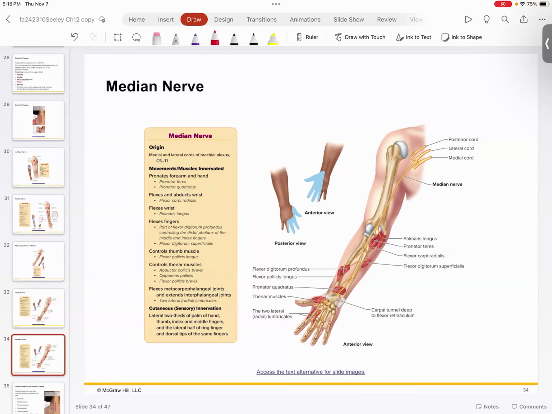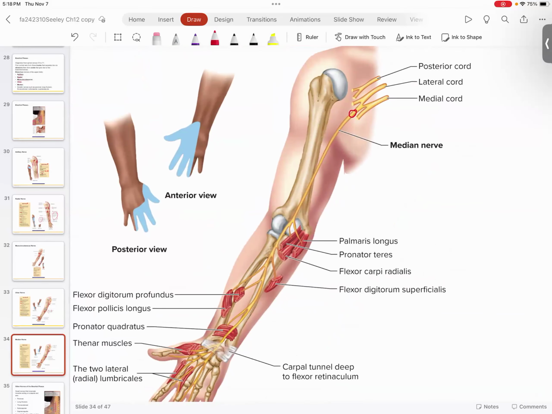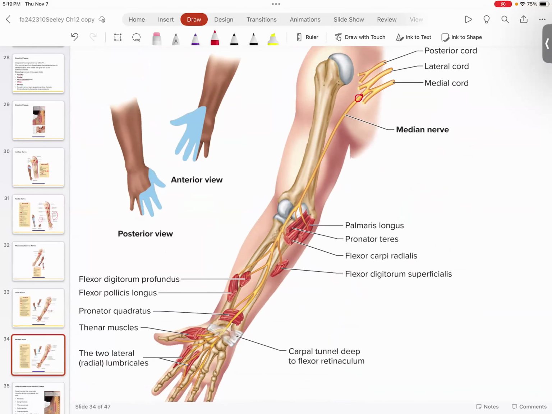And then the median nerve is coming off of the medial cord, but it's coming off of the extension that's just above the ulnar. And so the median is going to be moving down the upper arm, and it's going to also feed even more of the flexors of the lower forearm.